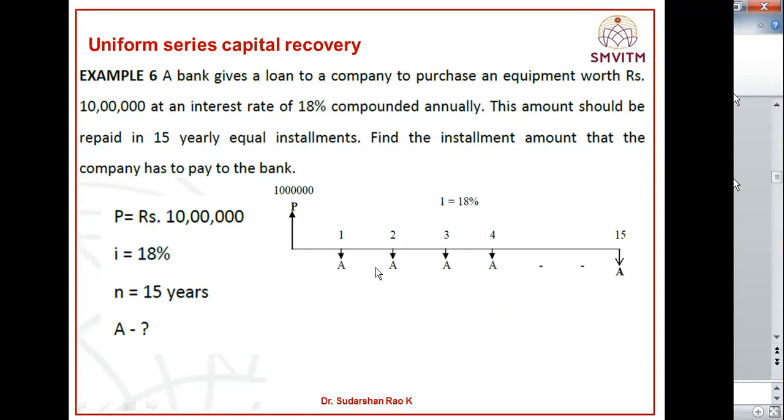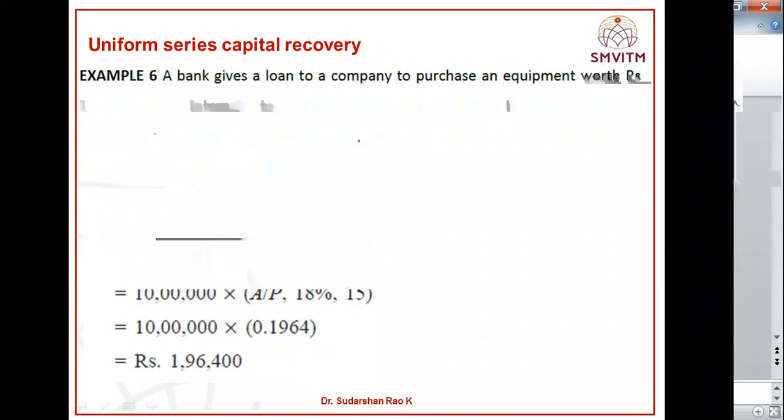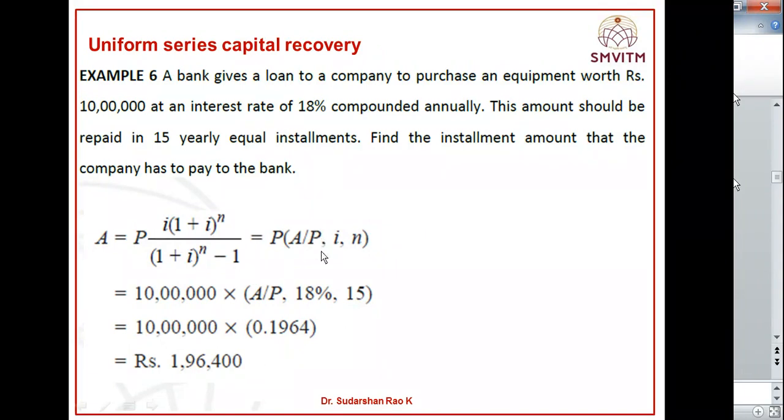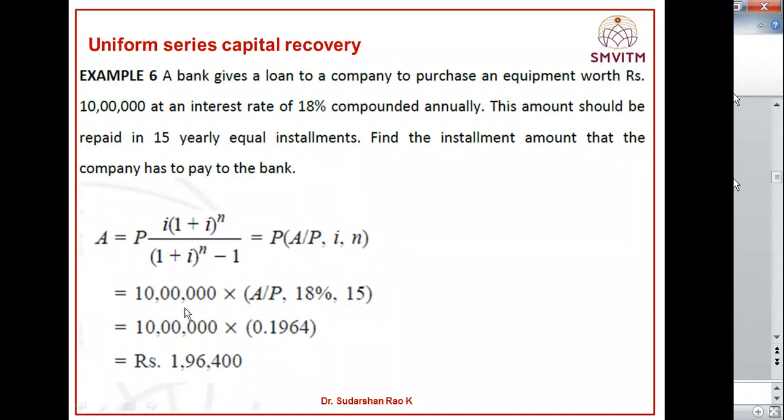The equal payment: P, the present value, is 10 lakh rupees, I is 18% and N is 15 years. Here A equals P into I into (1 plus I) to the power n divided by (1 plus I) to the power n minus 1. Or the factor is P into A by P, I, N, where I is 18% and N is 15 years. 10 lakh into this.